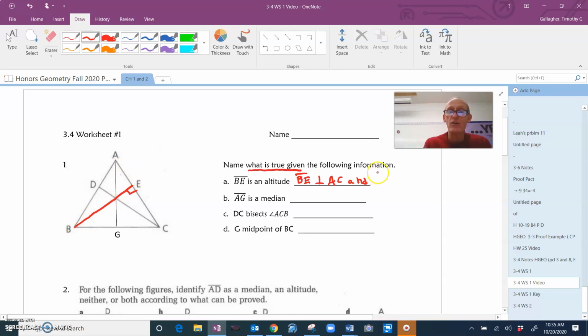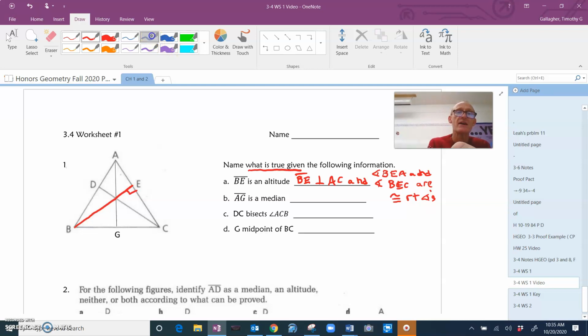So angle BEA and angle BEC are congruent right angles. So it means two things. You can have either one, but knowing either one's a good idea.